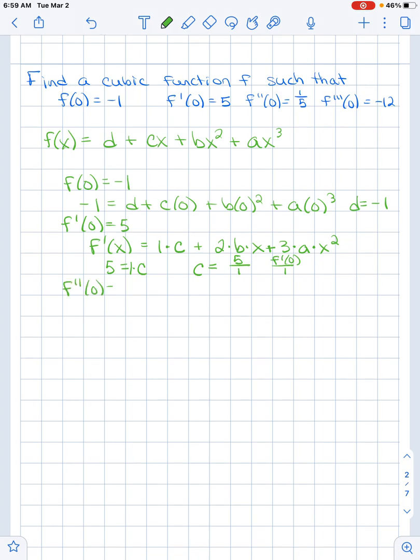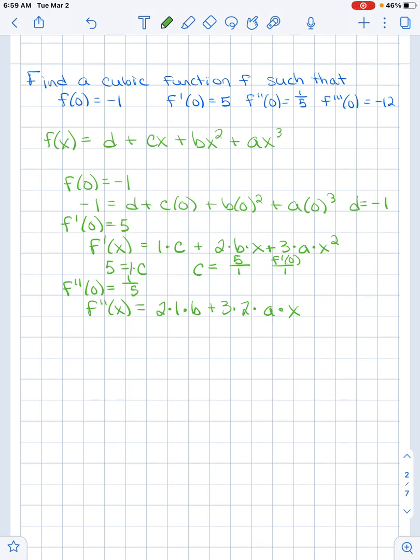F double prime of 0 is 1/5. All right, the second derivative then, we're going to be methodical again. 1 times c, that's 0. Then we have 2 times 1 times b, no x's anymore, plus 3 times 2 times a times x.